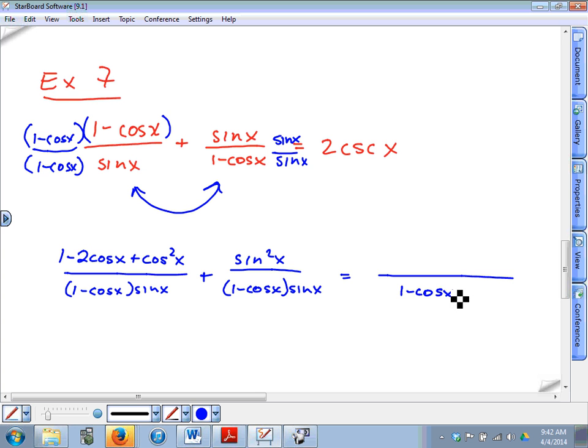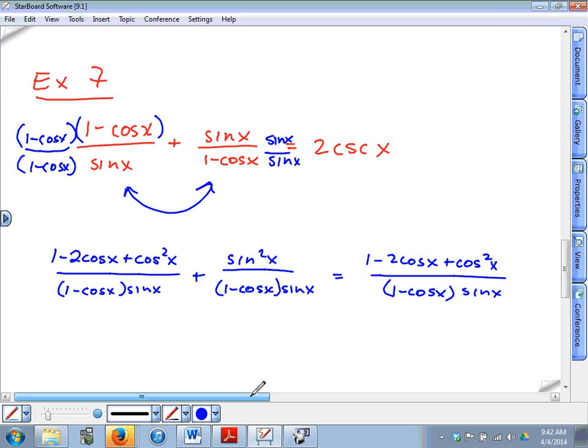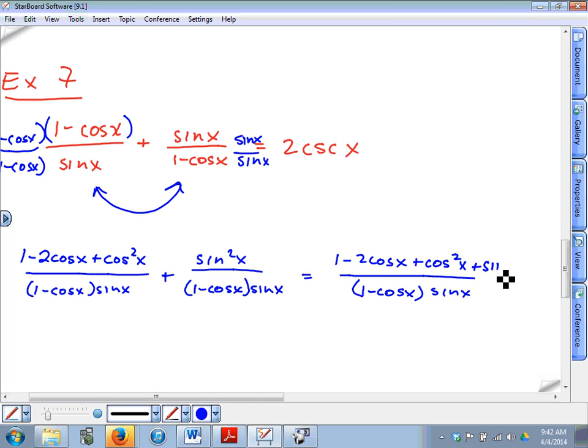I'm doing the denominator here: 1 minus cosine of x. And the numerator: 1 minus 2 cosine of x plus cosine squared x plus sine squared x.